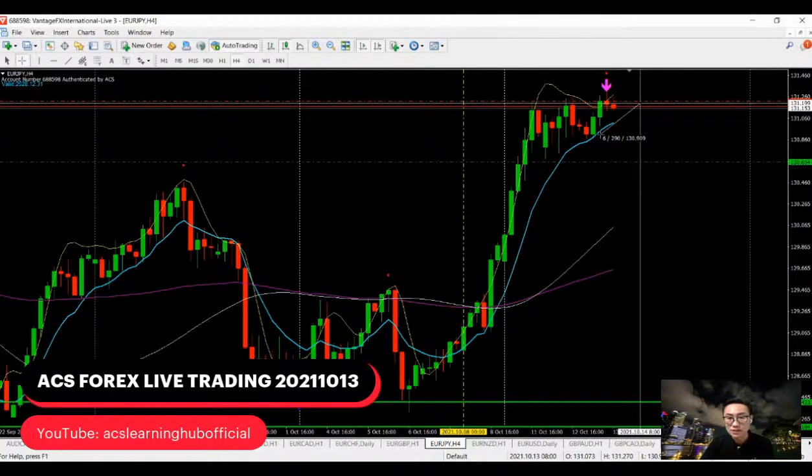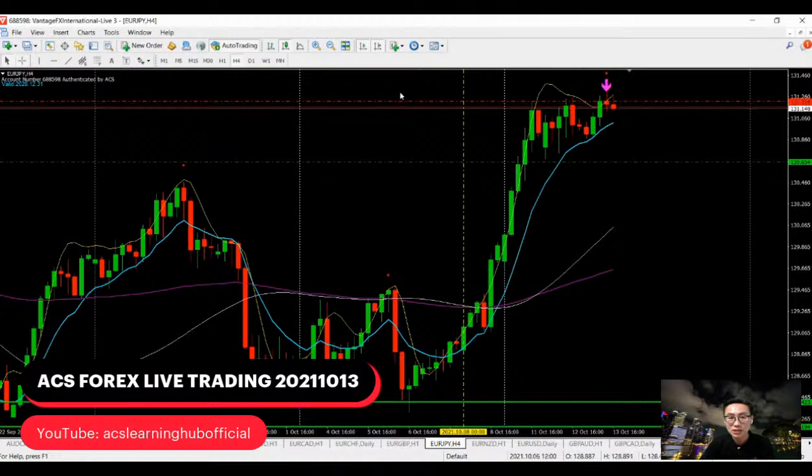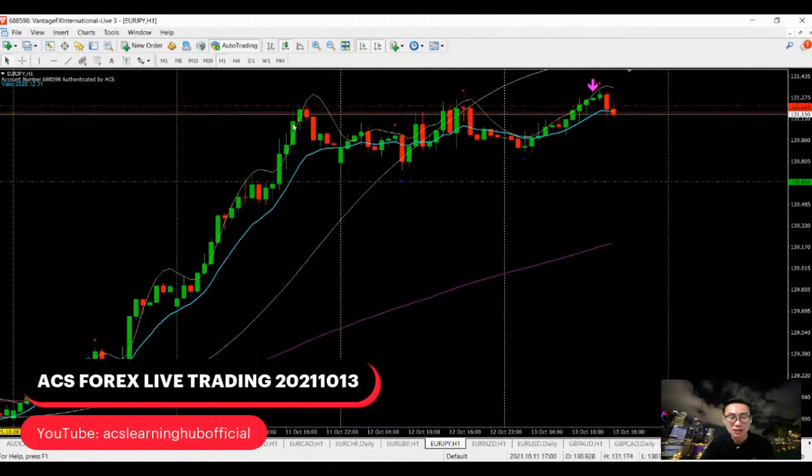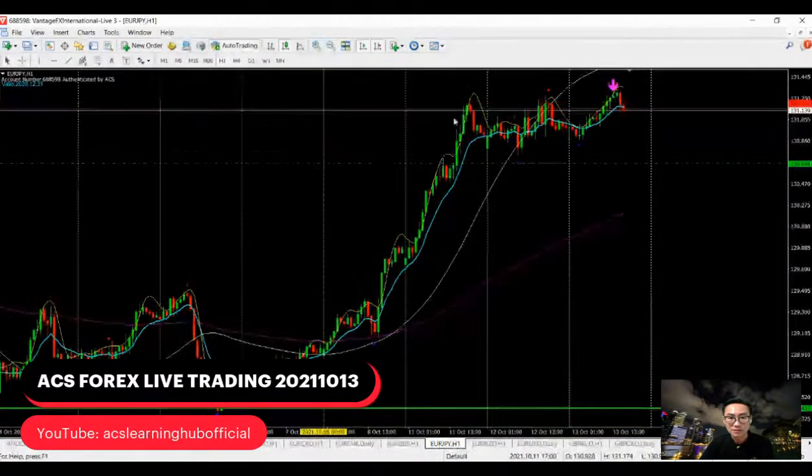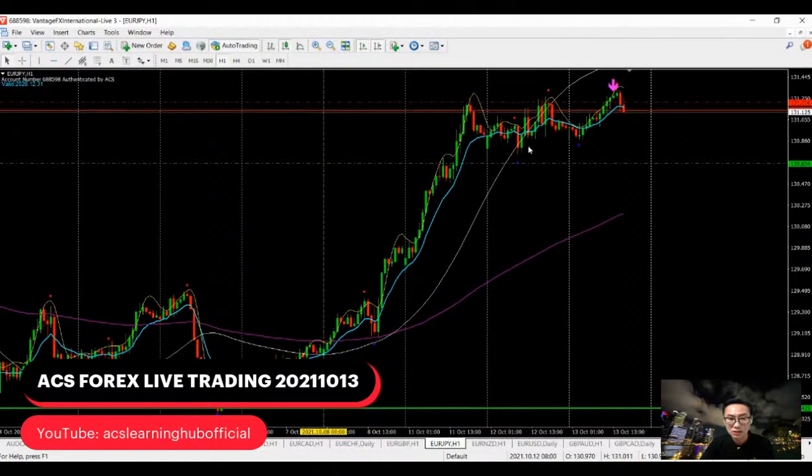So you see, I will probably have another 20 over pips to go. Only 20 over pips. Because if you look at this, just now I was talking about hitting the resistance, coming for support, higher low, and this part here has been all the way on support. Am I right? Now finally the resistance is coming along.